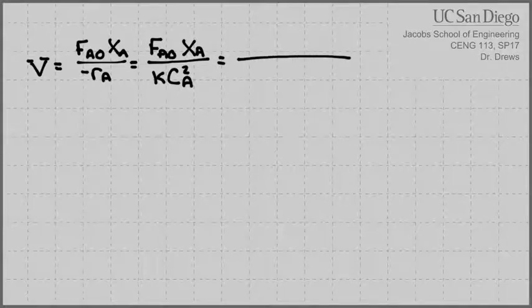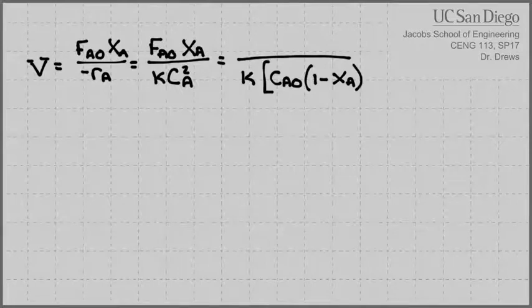How can we rewrite C_A in terms of conversion? C_A0 times 1 minus X_A. Don't forget to square that because of our rate law.